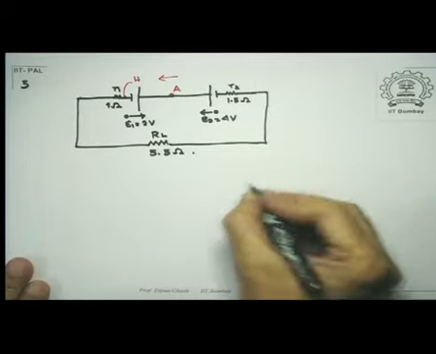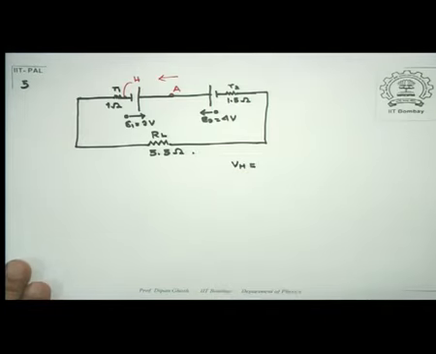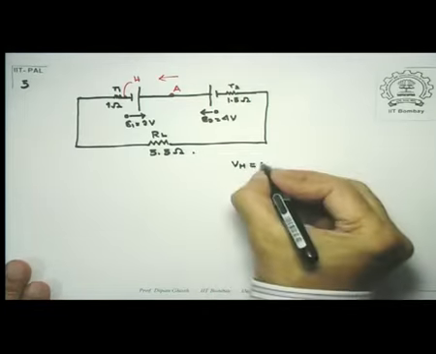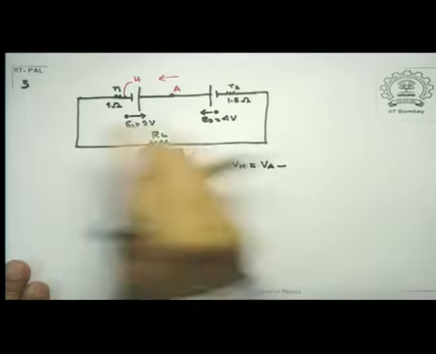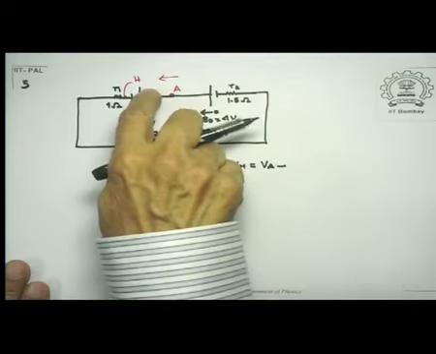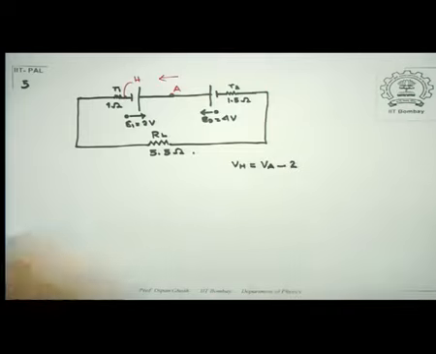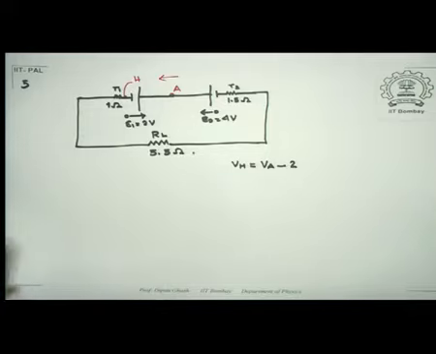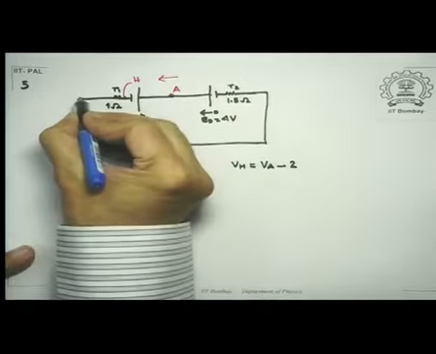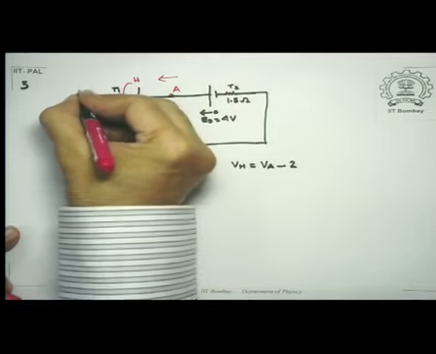I will say V at H is equal to V at point A minus E1, because I am going from the positive terminal to the negative terminal. So minus 2, if you like, because the 2 volt was that. Having done that, let's go to another point across the internal resistance. Let's call this point G.